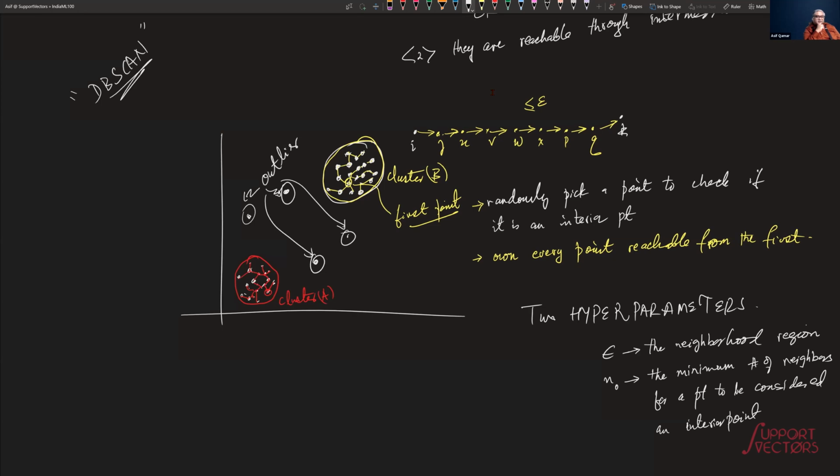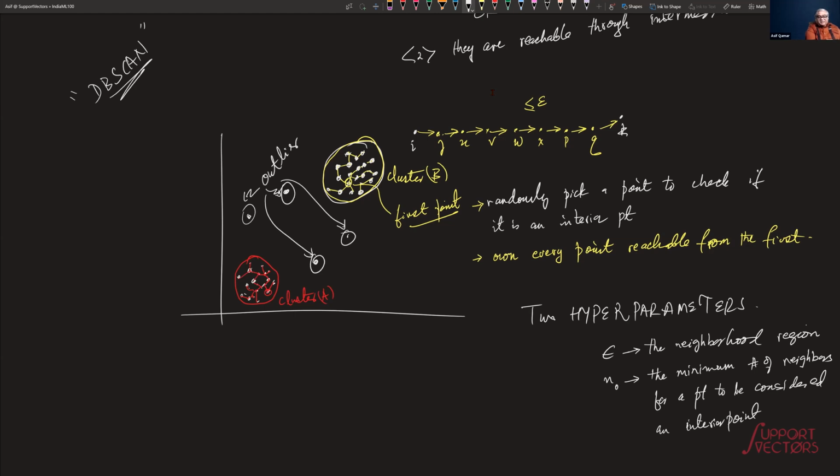That is an extreme case, but closer to reality, if you're not intelligent about choosing your epsilon, the clusters that you form are not good clusters. You'll end up with lots of tiny clusters. So epsilon needs to be wisely set.